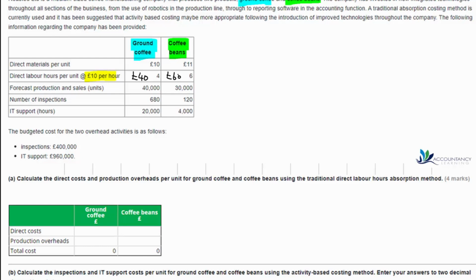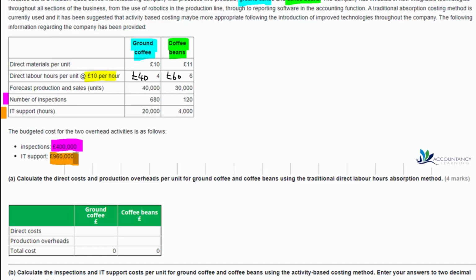So 20,000 hours of IT support for the ground coffee and only 4,000 for the coffee beans. And we're further told that inspections cost 400,000 in total. And then IT support costs 960,000.